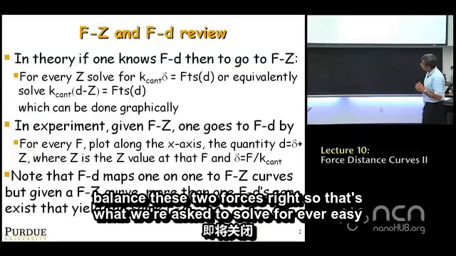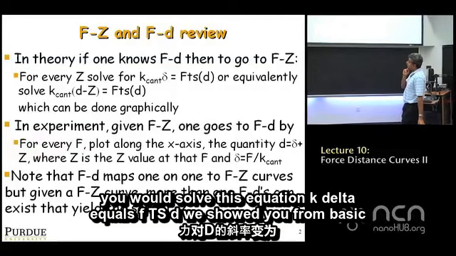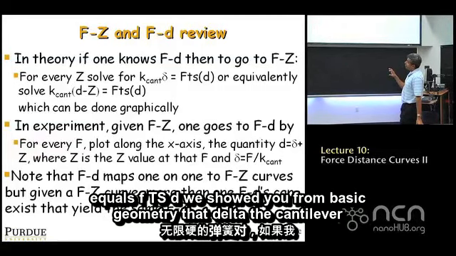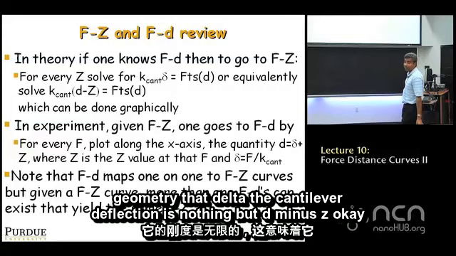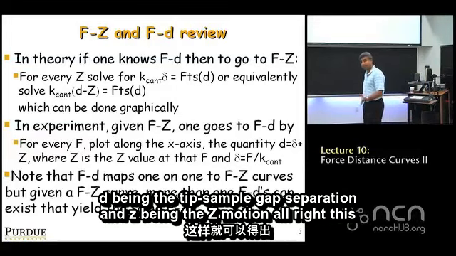So that's what we're asked to solve. For every Z, you would solve this equation, k delta equals FTS(d). We showed you from basic geometry that delta, the cantilever deflection, is nothing but d minus Z, okay? d being the tip-sample gap separation, and Z being the Z motion, right? This was done.